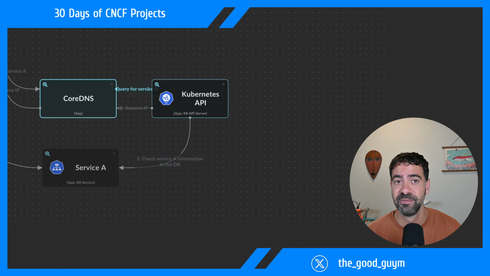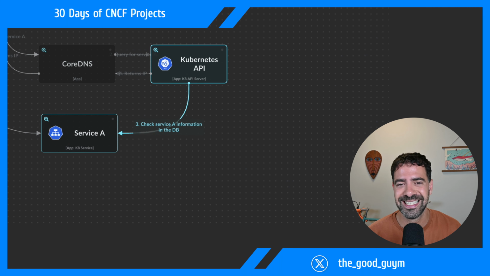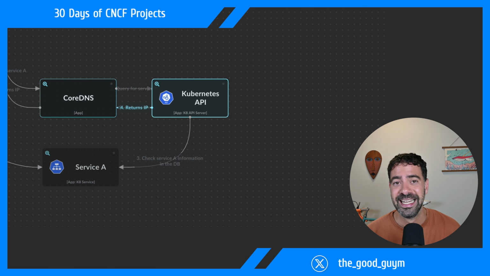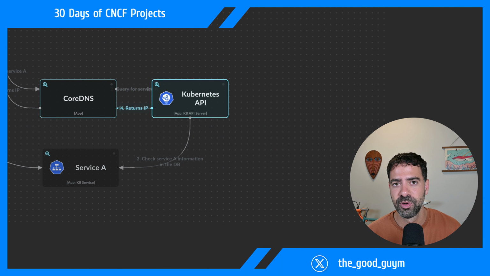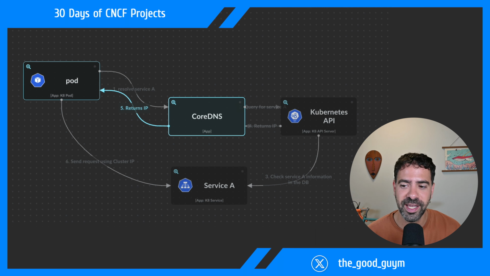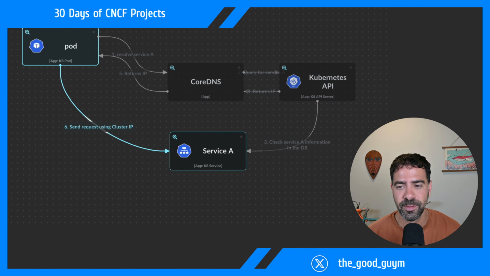CoreDNS may have it, but let's say it doesn't have the information. It will query the Kubernetes API, get the IP from the Kubernetes API, send it to the pod, and then the pod gets an IP from CoreDNS using the Kubernetes plugin. And from that point, the request can be sent to service A using the network.